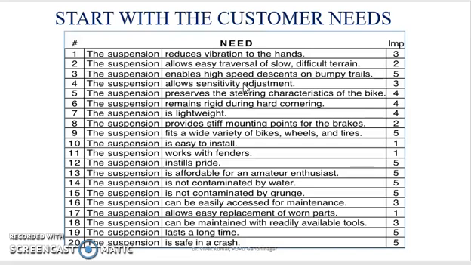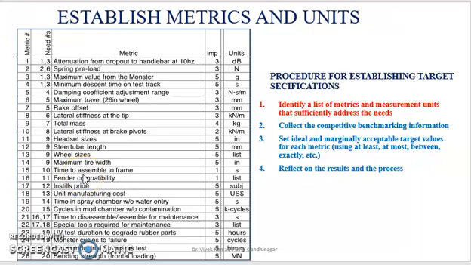All customer needs herein are sorted according to their importance, with 5 being assigned for the maximum preference and 1 representing the minimum preference. As discussed in the previous slides, the design team has already interpreted the customer needs.